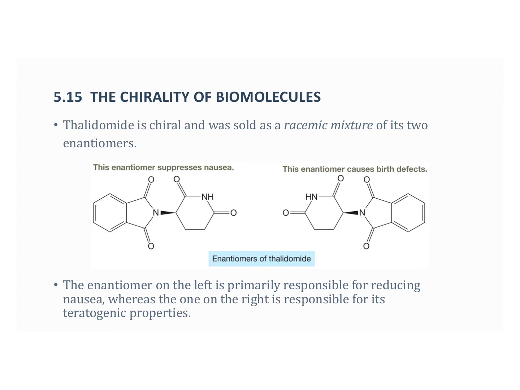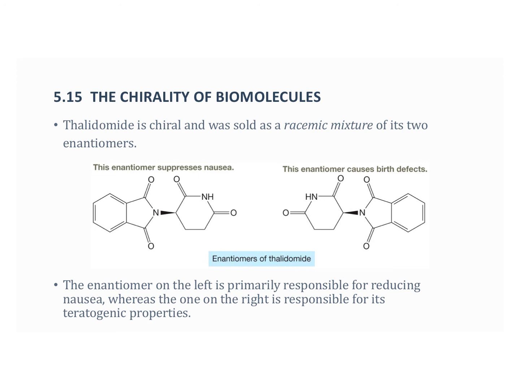It was chiral, and the medicine was given with both enantiomers, this enantiomer here and this enantiomer here. It was known to suppress nausea, so it was given to women who were pregnant. But what happened is this enantiomer causes birth defects. It attacks rapidly dividing cells. So you had babies that were born without arms and legs and hands.